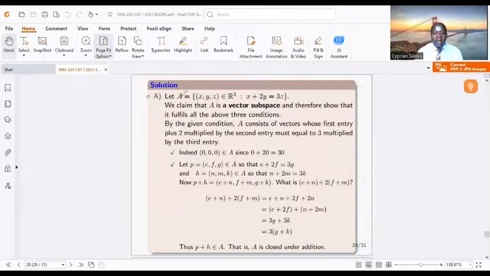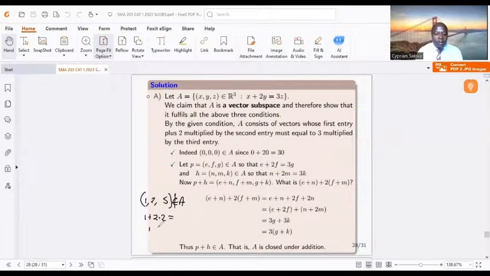It means that A is a subspace with vectors where the first element, x, plus twice the second element gives us thrice the third element. So if you're given a vector like 1, 2, then the third should be 5, since 1 plus 2 times the second element should give us 5. This will not work. This is not in A.